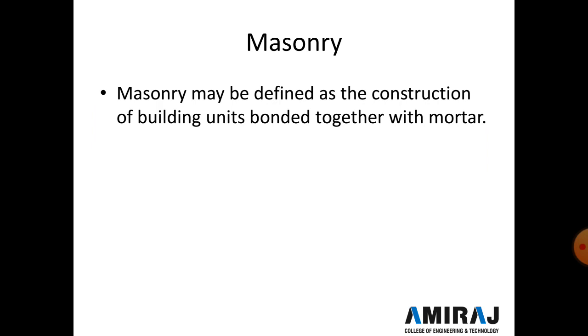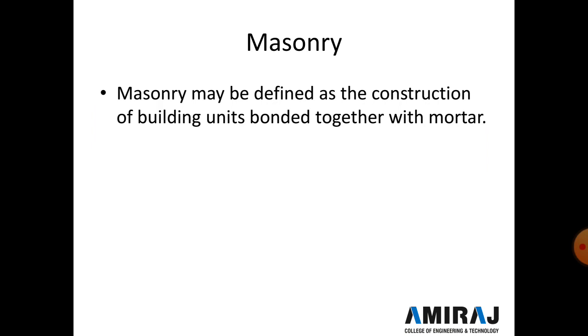So first, what is masonry? Masonry may be defined as a construction of building units bonded together with mortar. The building unit, commonly known as a masonry unit, may be stone, brick or precast concrete block used in masonry work. Nowadays we generally use precast concrete blocks.